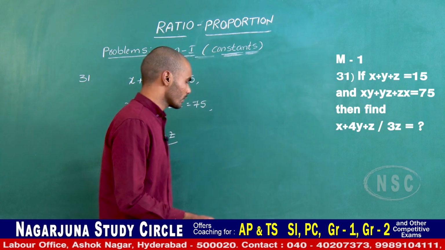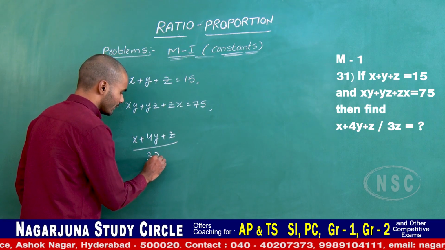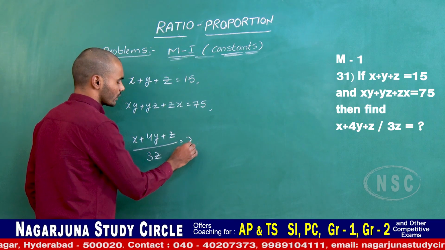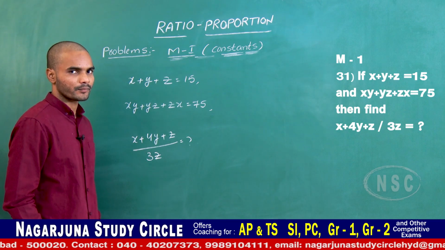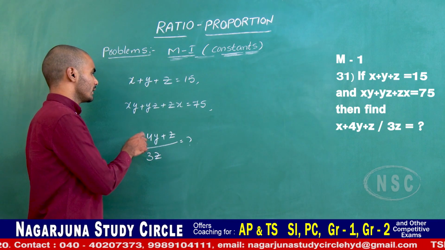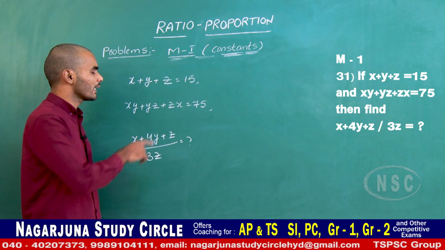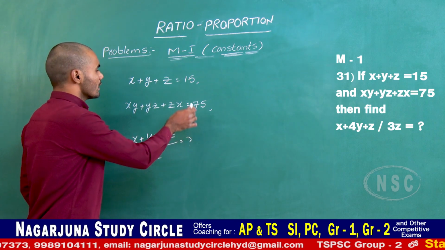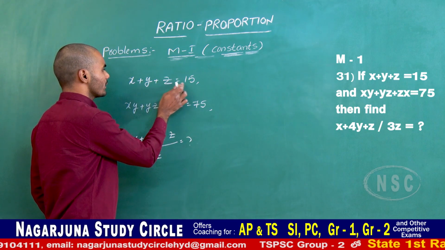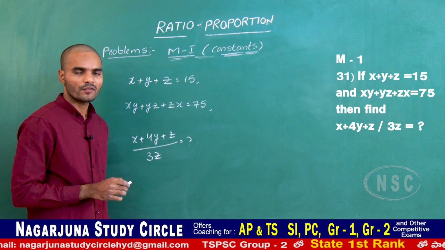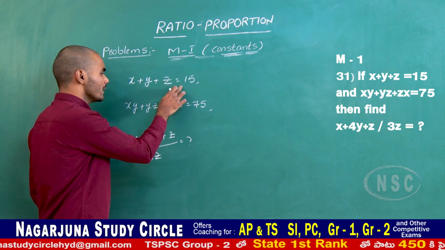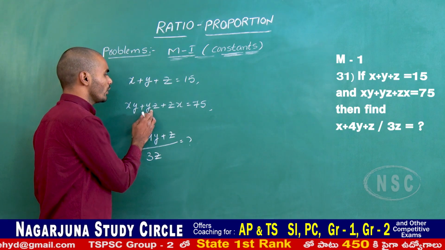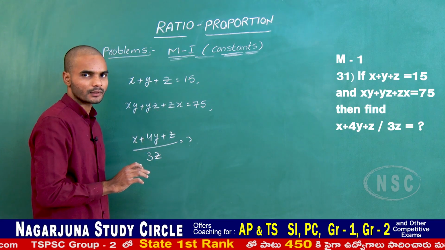This is the given data. Just observe this. These are not equations. These are only conditions. Sum of x, y, z is 15 and sum of xy, yz, zx is 75.